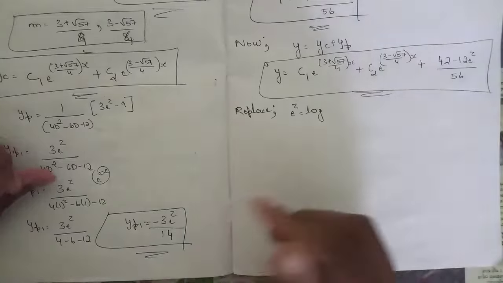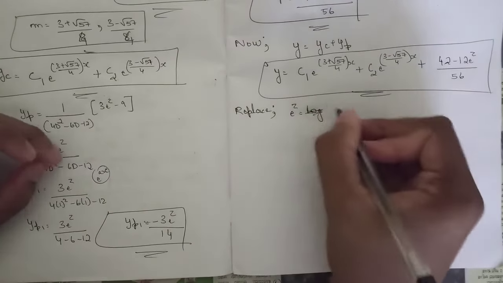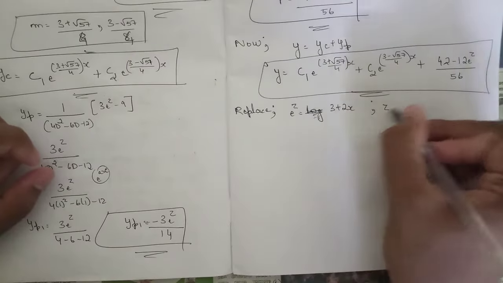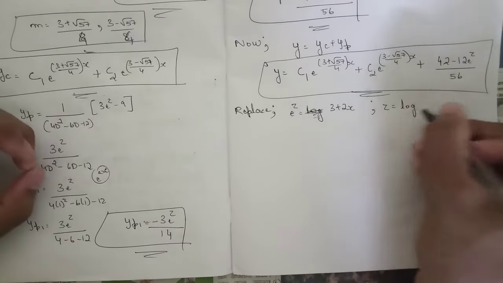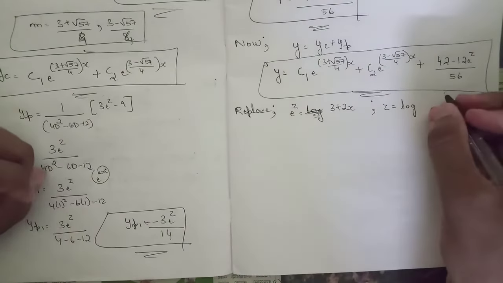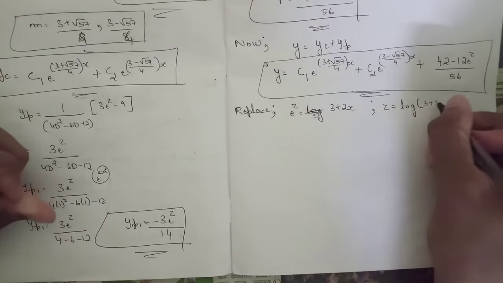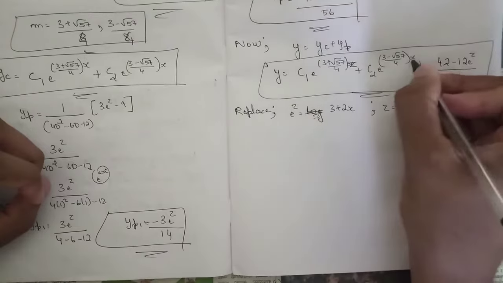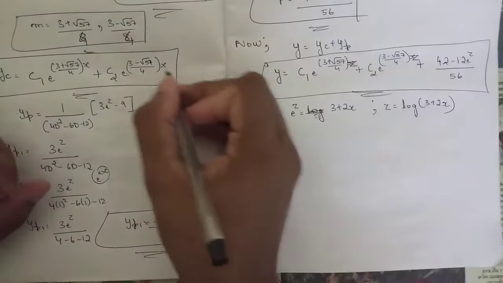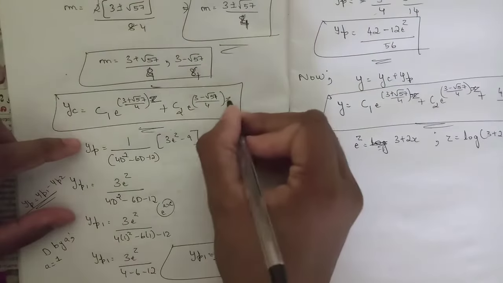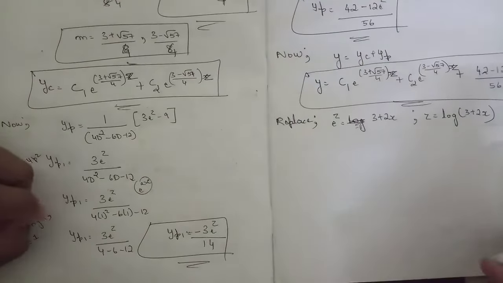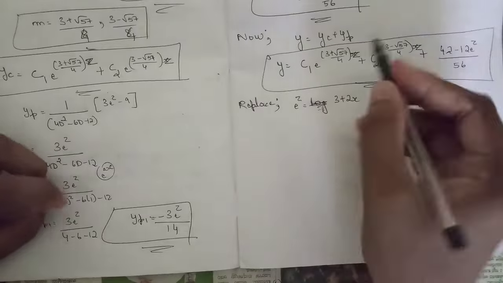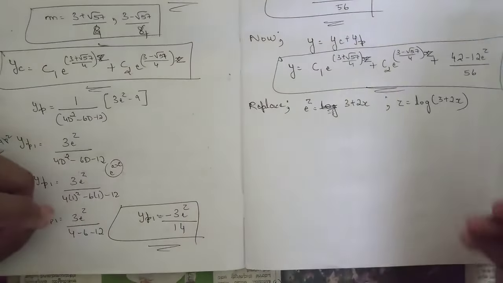We need to replace e power z by 3 plus 2x, and we need to replace z by log of 3 plus 2x. So here this is z. I have made a mistake here, since the function is in the z form, the parameter is z. Sure, this is z.